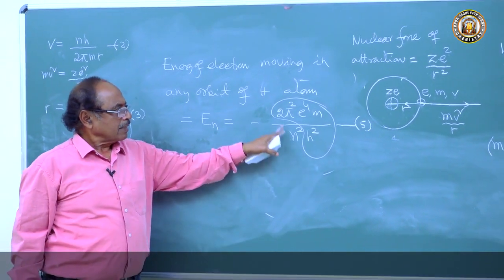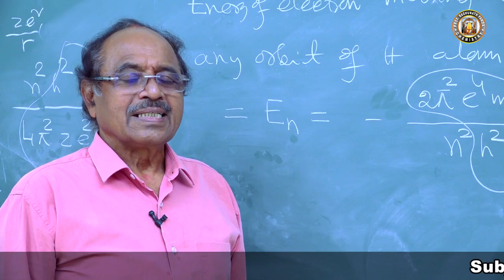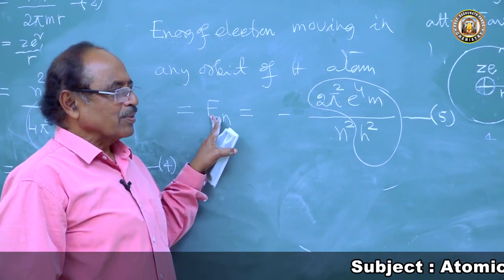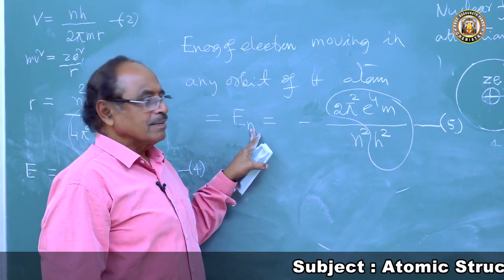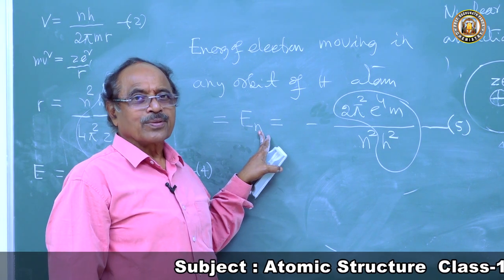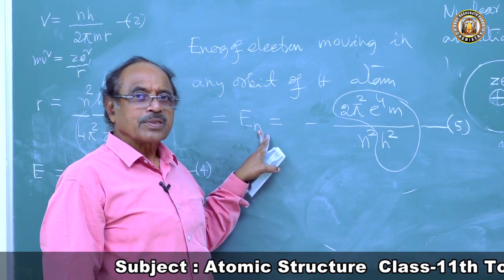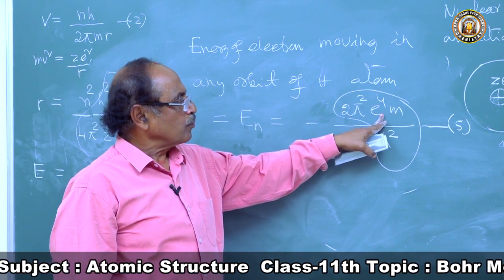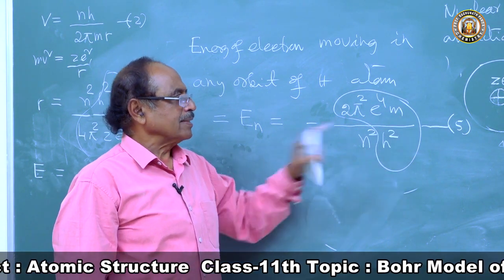Okay, so I am now calculating the value. The energy of the electron we are going to calculate in the hydrogen atom is En, meaning moving in any orbit, n equal to 1 first orbit, n equal to 2 second orbit, n equal to 3 third orbit, like this, equal to minus 2 pi square e fourth m by n square h square.